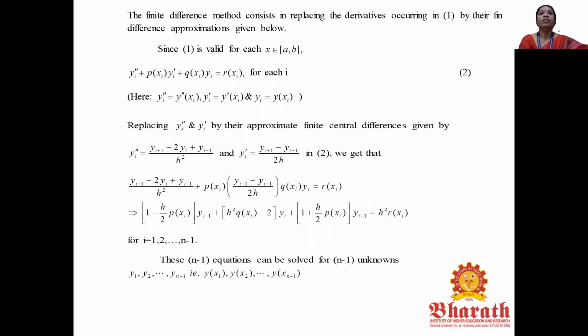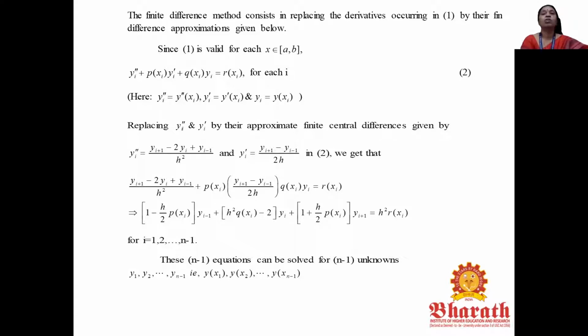So the finite difference method consists in replacing the derivatives occurring in the equation by the difference approximations given below. As we have seen in the previous slide, equation 1 is valid for each x belonging to the closed interval [a, b]. So yi double dash plus p of xi into yi dash plus q of xi into yi is equal to r of xi for each i.